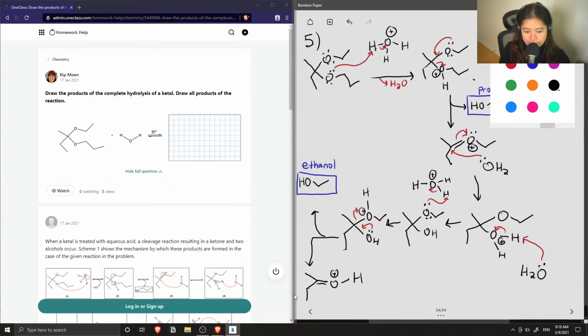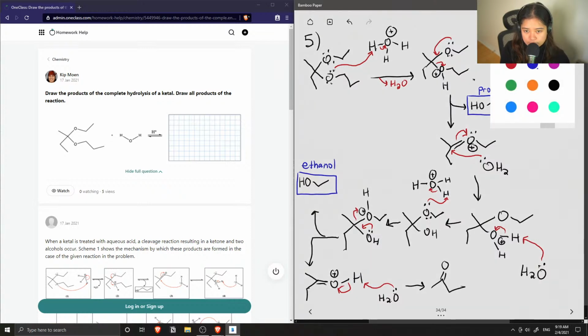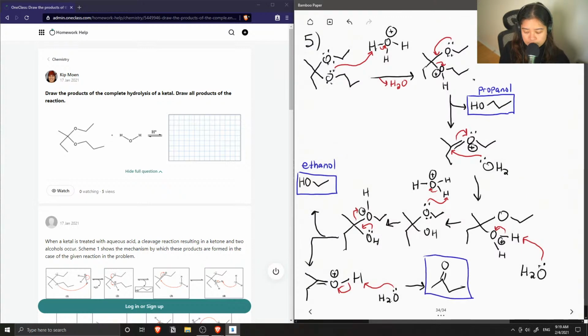And now water can come in to deprotonate it, bringing this down. And we're left with our final product, which is this ketone group. So this is 2-butanone or butanone.